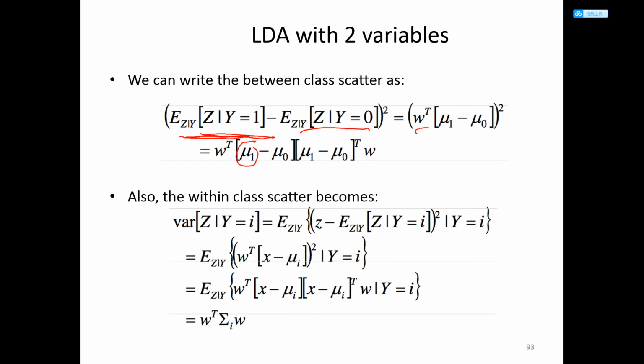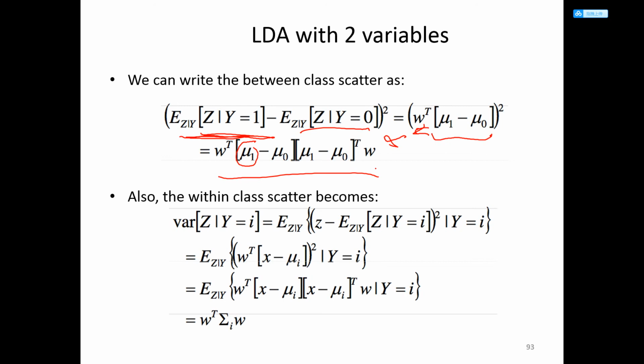Then the between class distance is basically this projection multiplied by this mean here in high dimensional space, and then take the square. Rearranging the terms, I have this here.